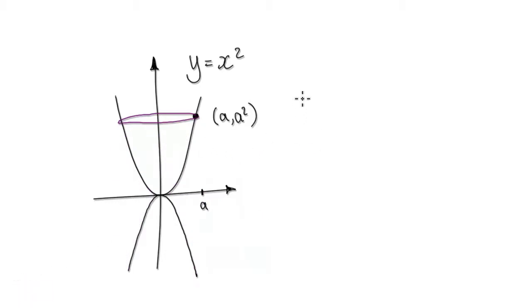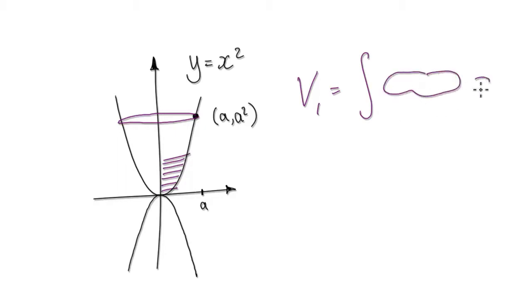Okay, let's do V1 first. You're moving along in the y direction, so it's going to be something of the form the integral in the y direction. Let's say you're currently at this height y. For a given y, what is the radius here? Because we need to pi r squared it later to get a disk.